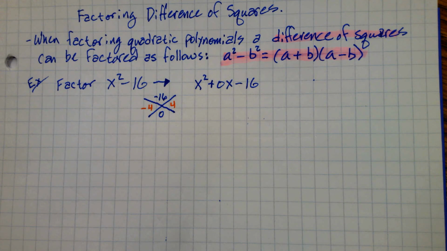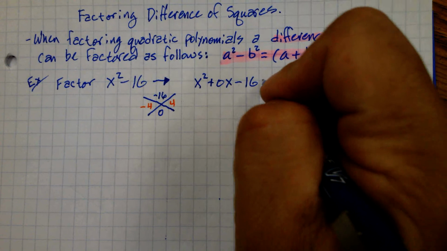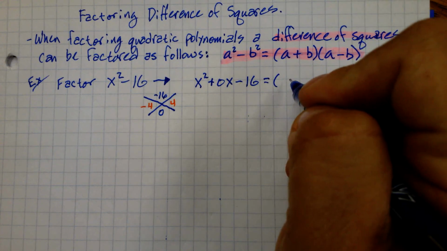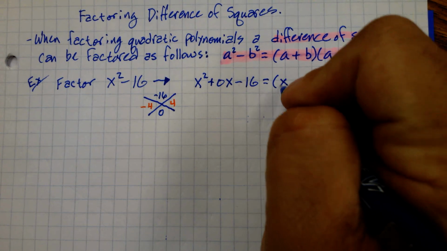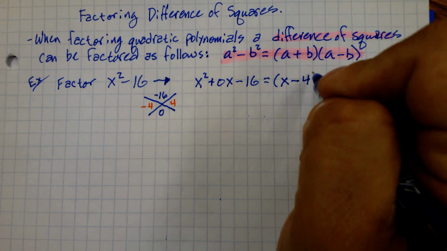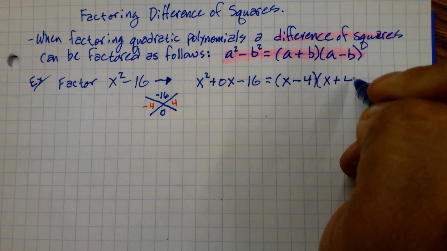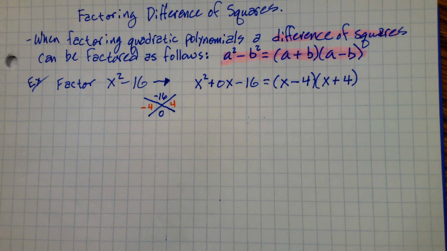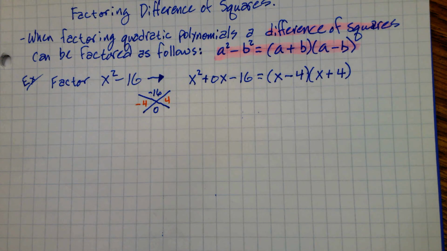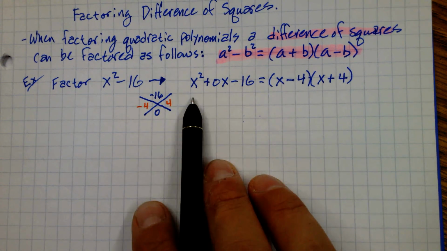And since we don't have a leading coefficient other than 1 here, we can go right into factoring this into x plus or minus 4, whichever one you want to put first. Voila.